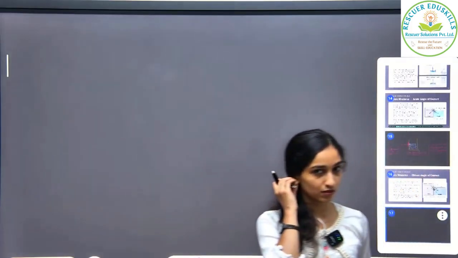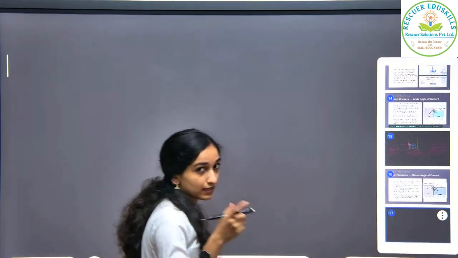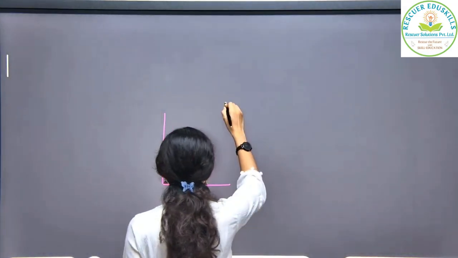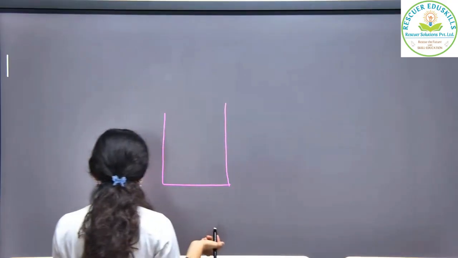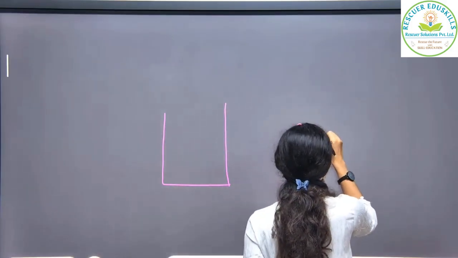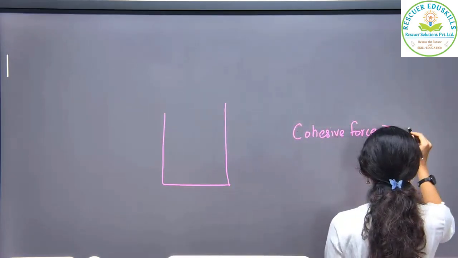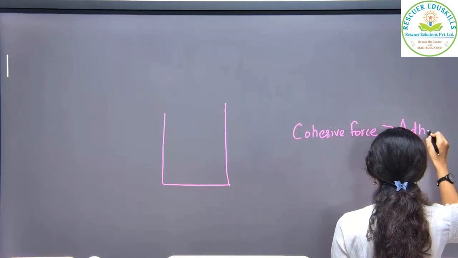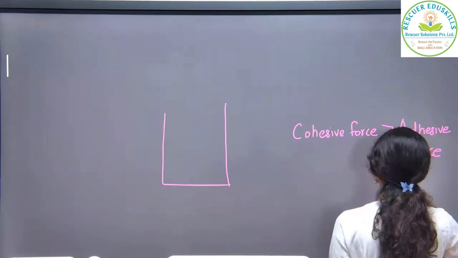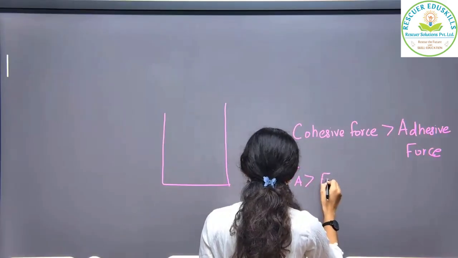Now let's see the convex meniscus. For the concave meniscus, the adhesive force was greater than the cohesive force. Here it is exactly opposite. First let me draw. This is, let's say, the container. Here the cohesive force is greater than the adhesive force.